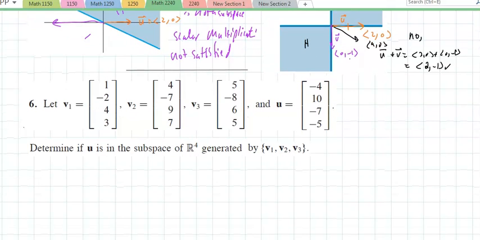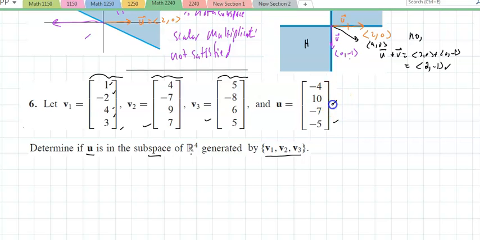How about this problem? Given three vectors, v1, v2, v3, and a fourth vector U. Determine if U is in the subspace of R4 generated by those three vectors. So those three vectors generate this subspace of R4.